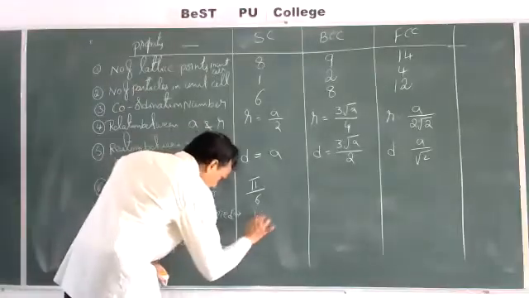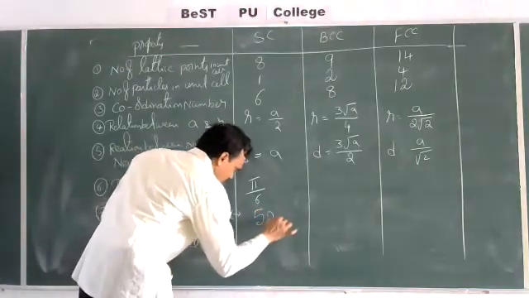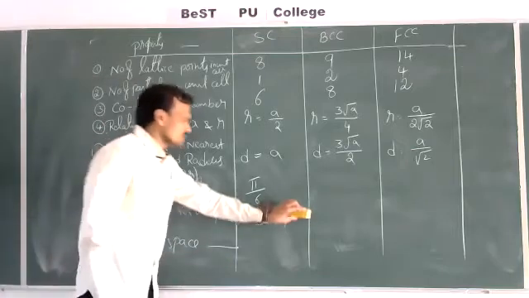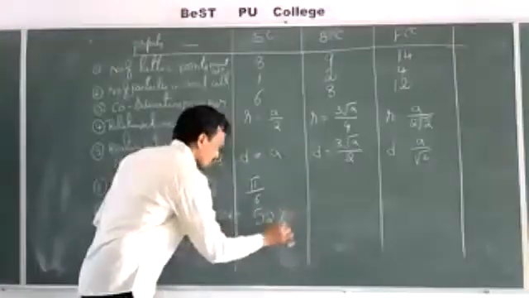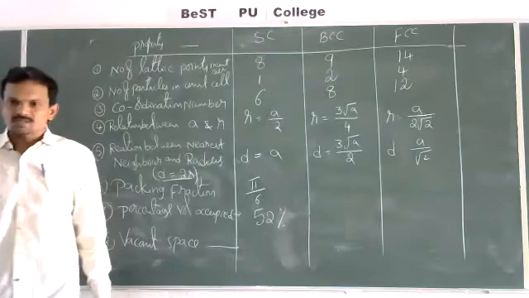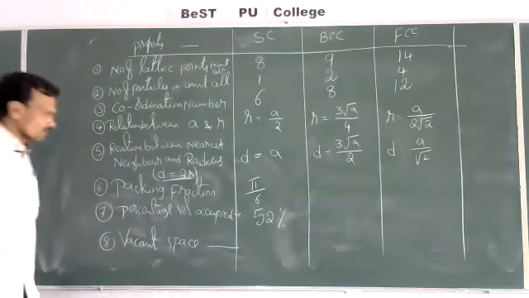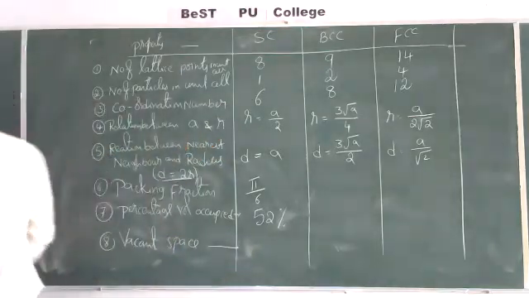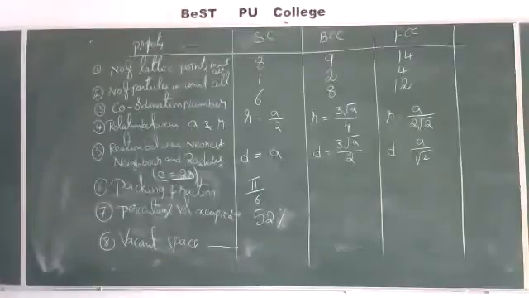That is 52.4 percent. Approximately we can take it as 52 percent, no problem. So the percentage volume occupied is 52 percent. Then what is the vacant space here?